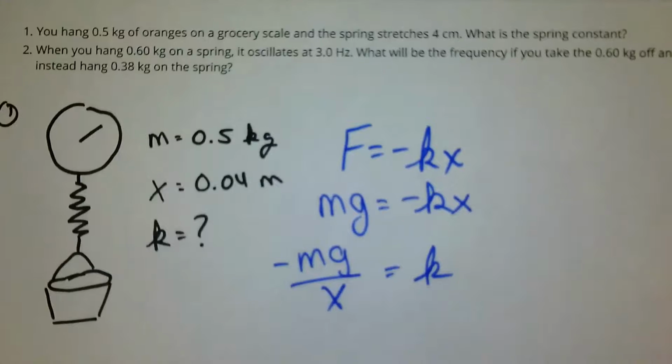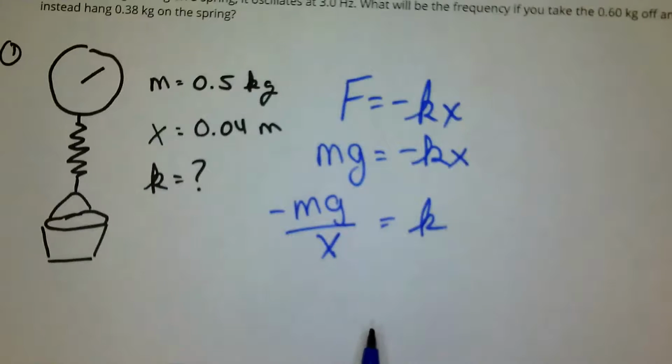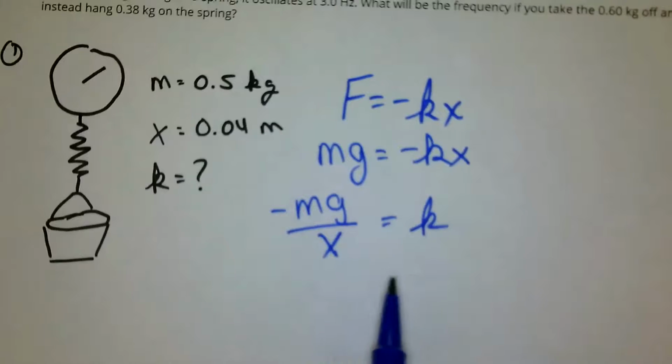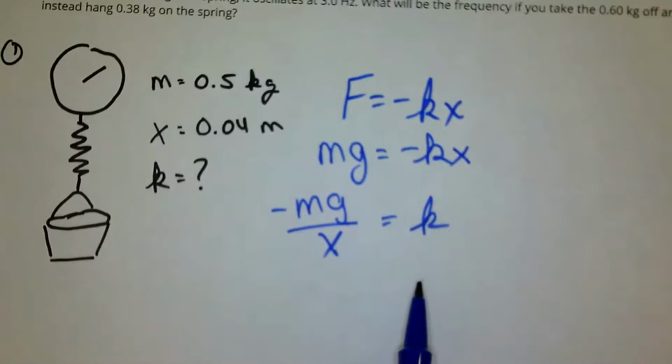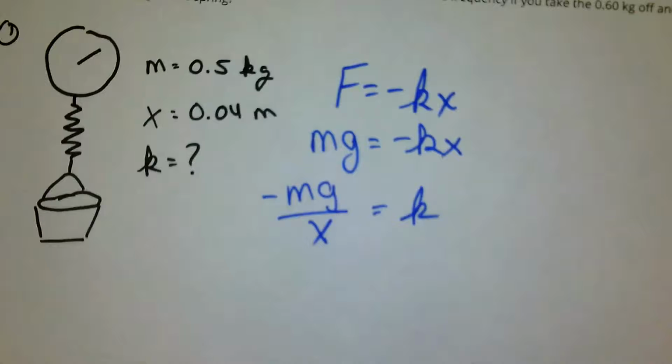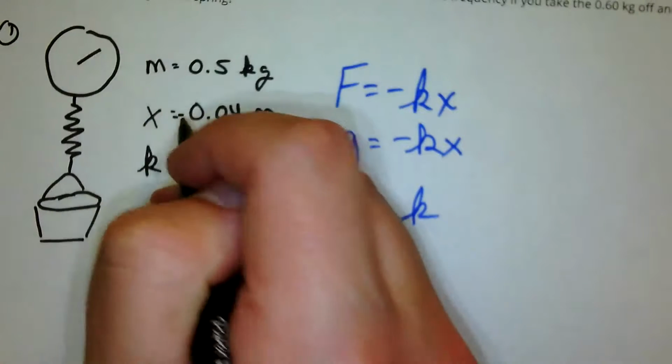Yeah, so you can do this. What I want to make clear is there are different ways to solve this, but k should end up positive. The way that I think of k turning out positive in this case is we know that x and the force are going to be in opposite directions. So in this case, my x is probably going to be negative.